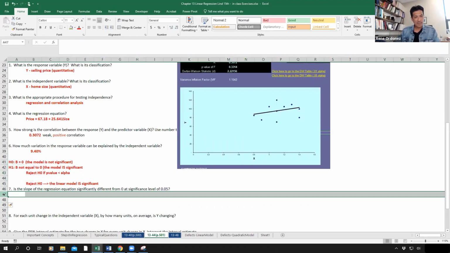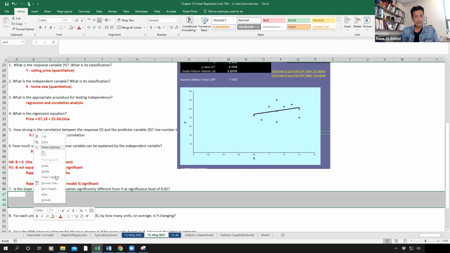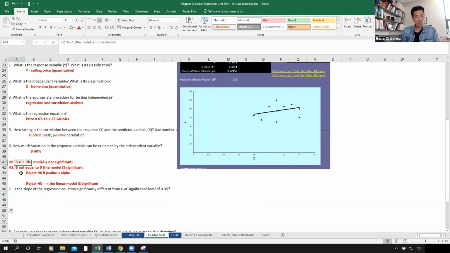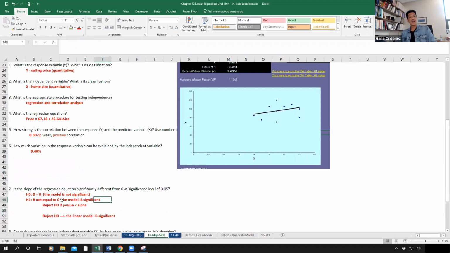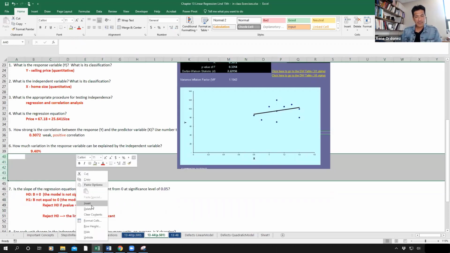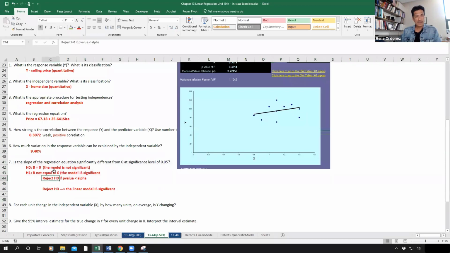So here's the setup for the slope test and the decision rule.